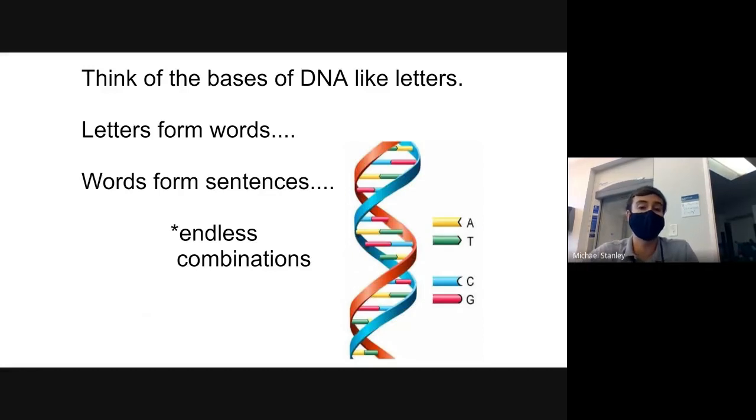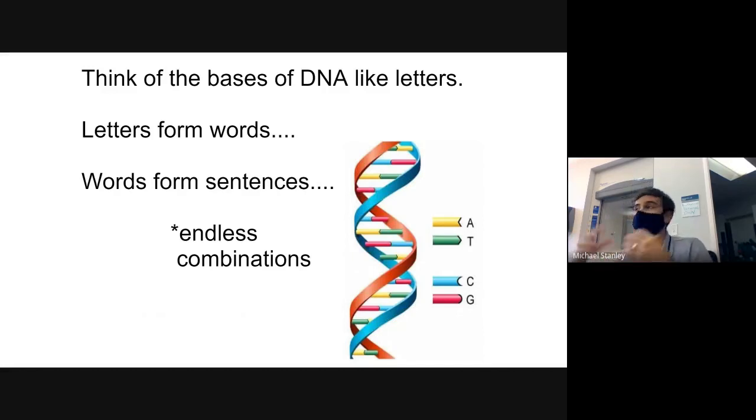Using those 26 letters, we can form hundreds of thousands of different words. There's a whole big book called the dictionary that lists all of the different words that we can form with the 26 English letters. And that's just in one language. We can then use the different words to form sentences, right?